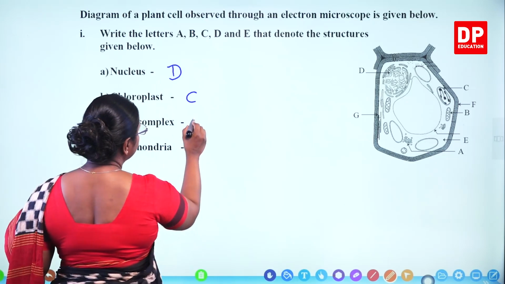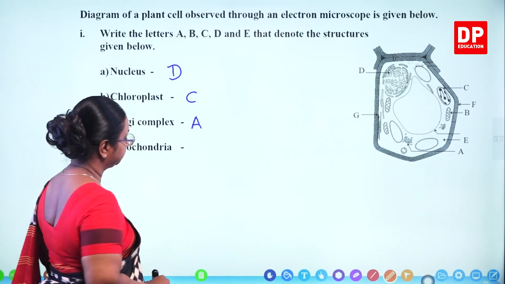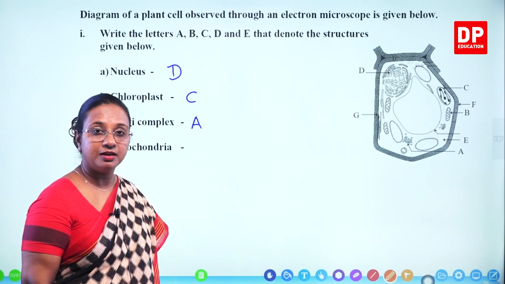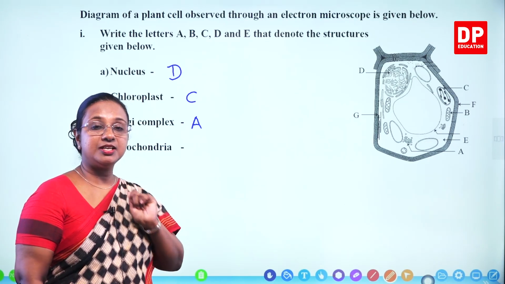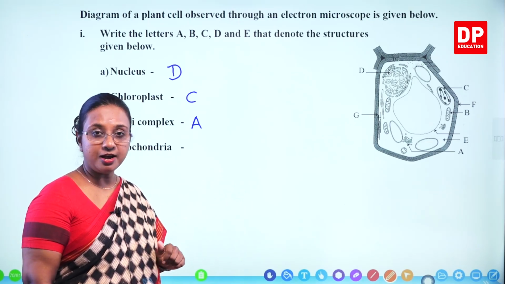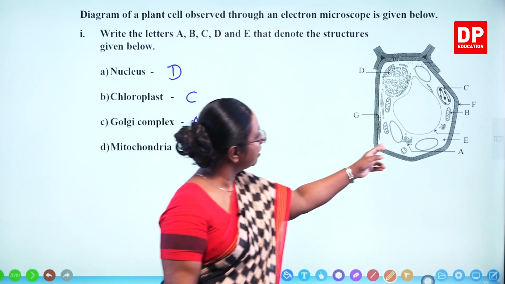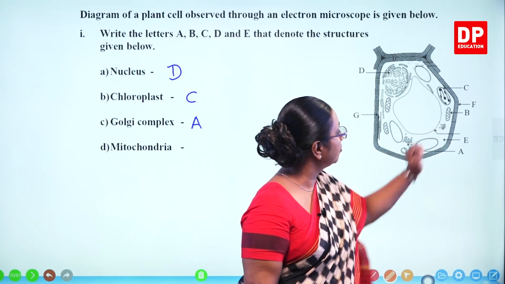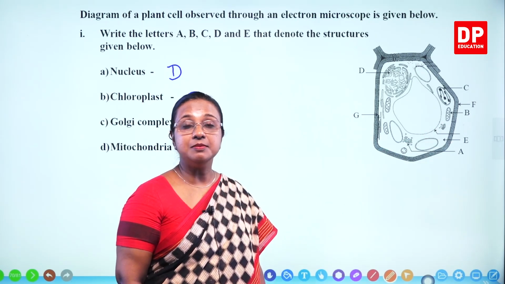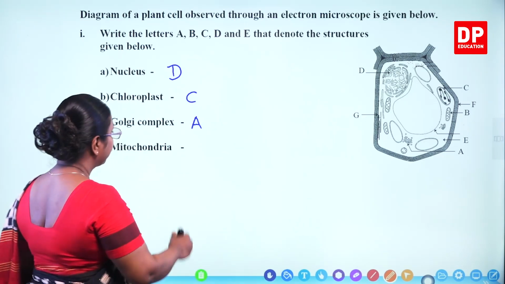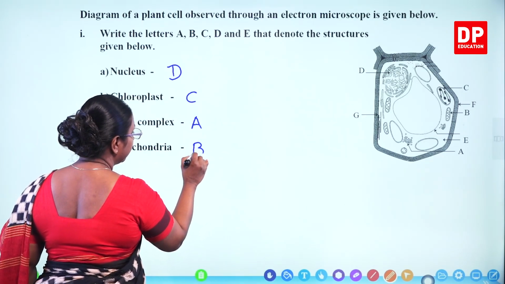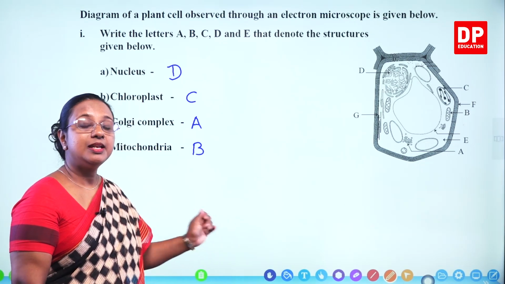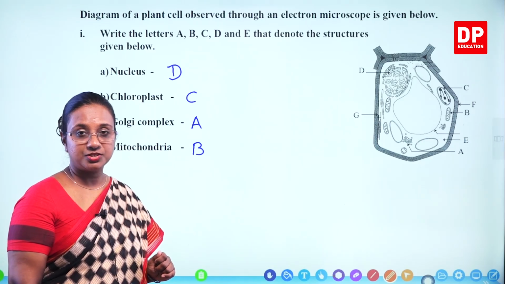So it will be structure A. And finally, mitochondria. You know mitochondrion is 1, mitochondria, many. So there are more than one mitochondrion shown here, and that is denoted by letter B. So we have identified that already. B is mitochondria.